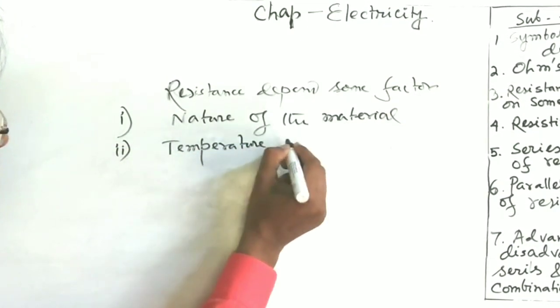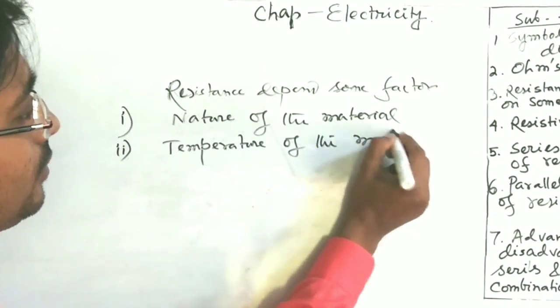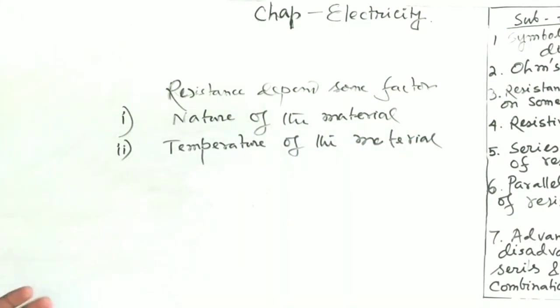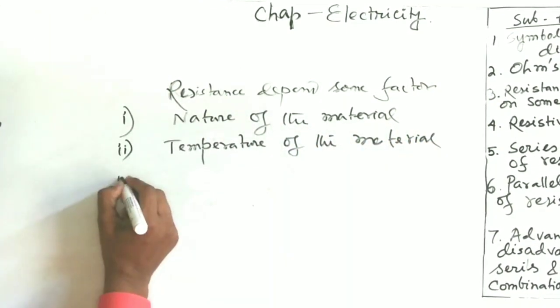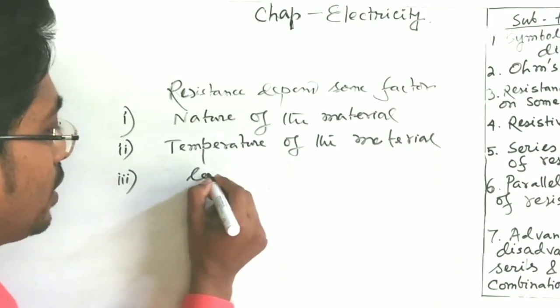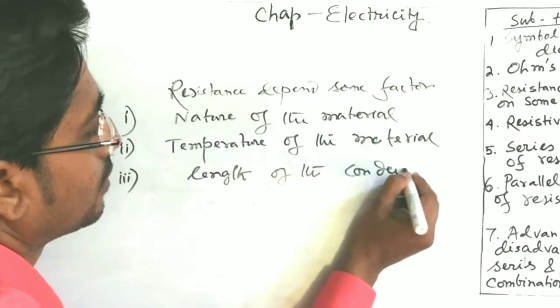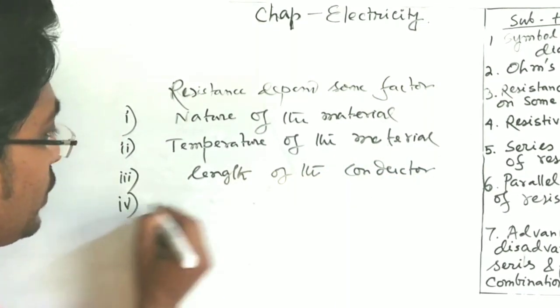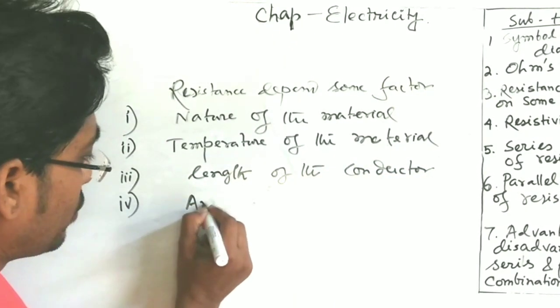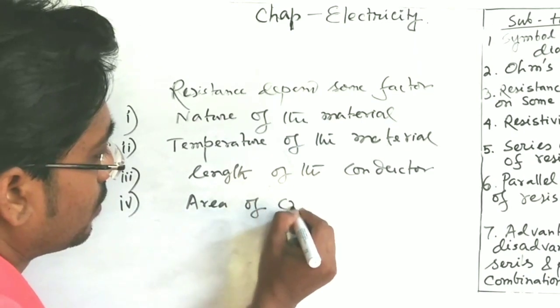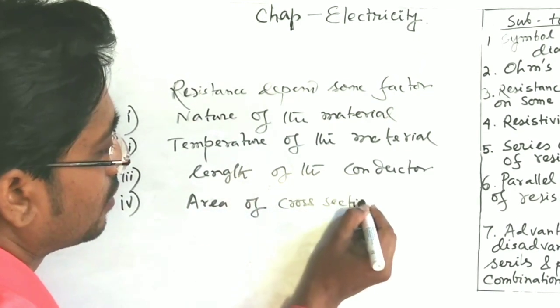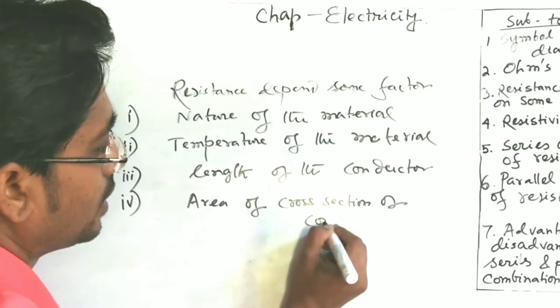Then, number 3, it depends on the length of the conductor. Number 4, it will be the area of cross section of the conductor.